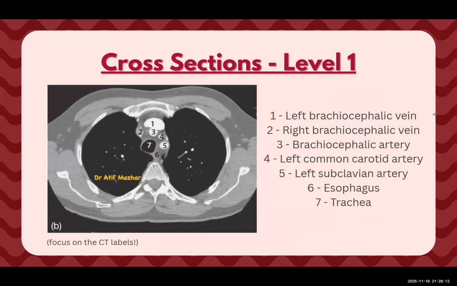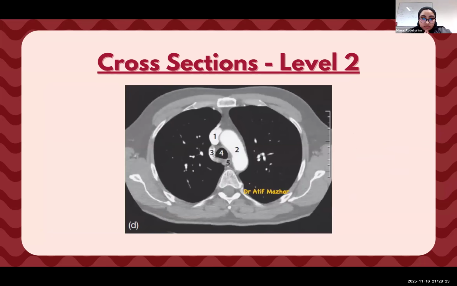So this is the first level. It's all just memorization, basically. The second level: does anyone want to label the structures? 2 is arch of aorta. 1 is inferior vena cava. 4 is, I think it's still the trachea, right?